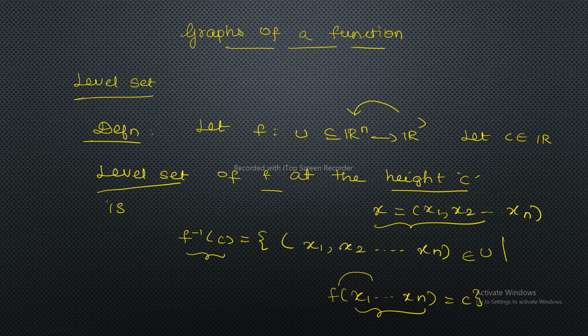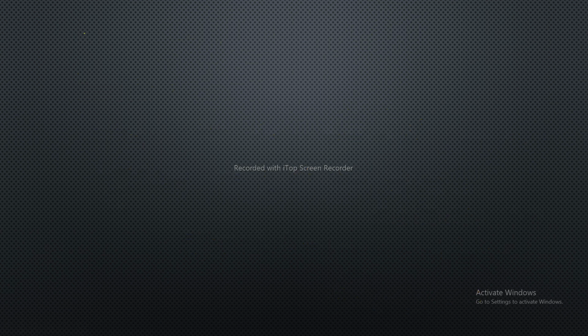Now let's have some examples. Suppose I have f(x) equal to x squared. This is a function from R to R, and you know the graph of x squared will be like this. Now I'm going to define the level set.